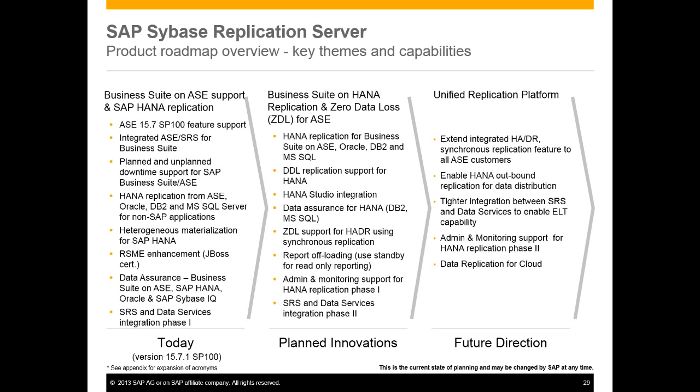Now, folks running business suite on top of Oracle may ask, when can I replicate the business suite to HANA? In the next release, very likely Q1 next year, you will be able to use the replication server to replicate the business suite into HANA.